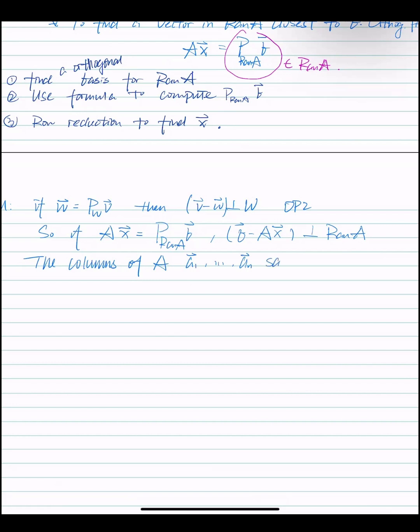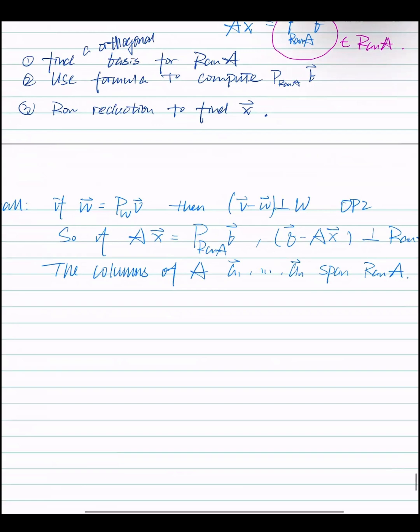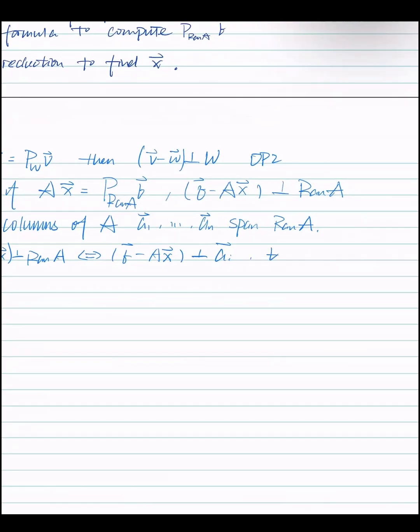They span the range of A. Now, by the other proposition in orthogonality, we know that B minus AX being orthogonal to the range of A means that B minus AX is orthogonal to all column vectors of A, for all Ai, for all i from 1 to n.